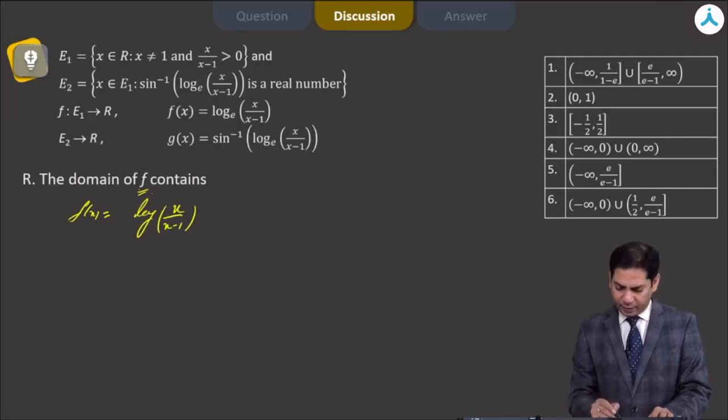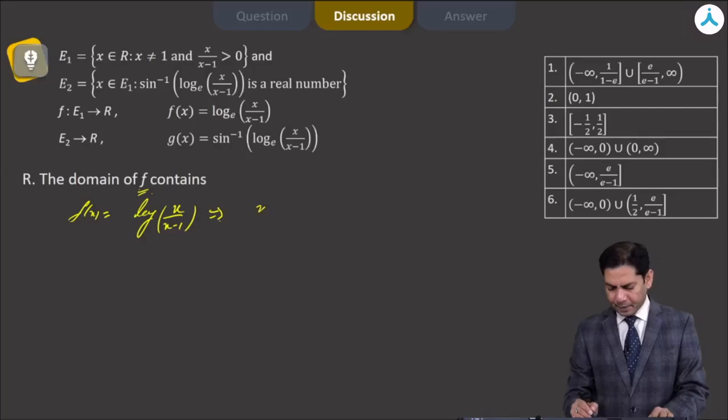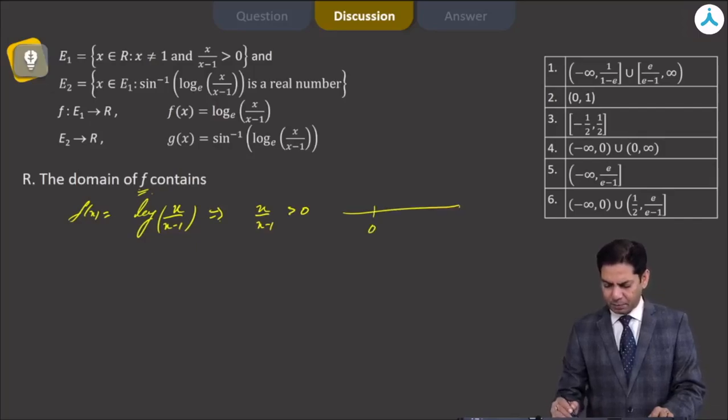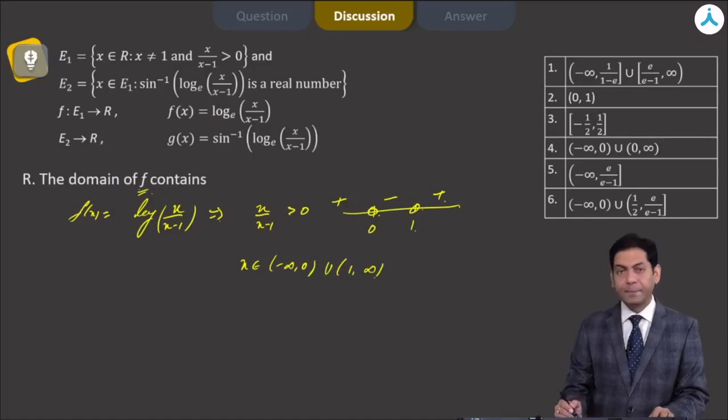We know very clearly that for this function to be defined, x upon x minus 1 should be greater than 0, and that is very easily obtained by using the wavy curve method. 0 and 1 are not to be included. On this side it will be positive, negative and positive. So this inequality is satisfied for x belonging to minus infinity to 0 union 1 to infinity.